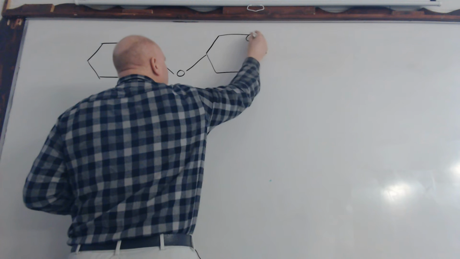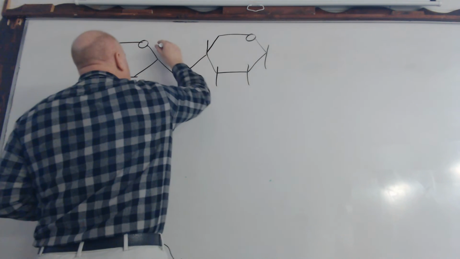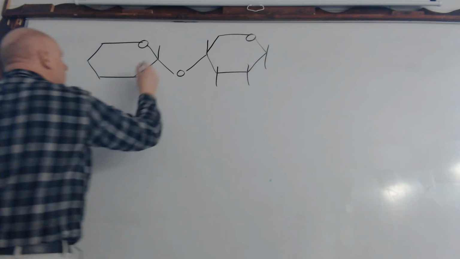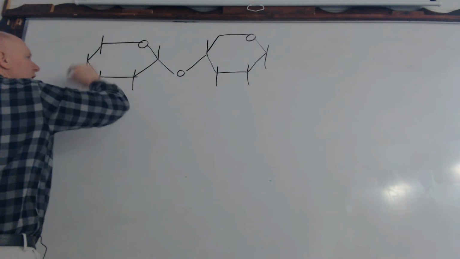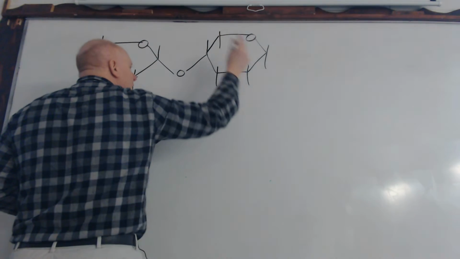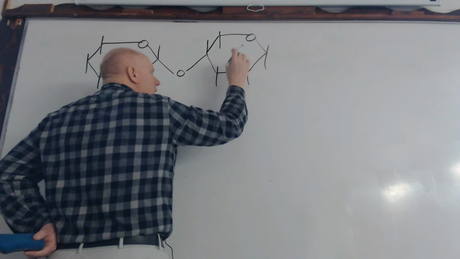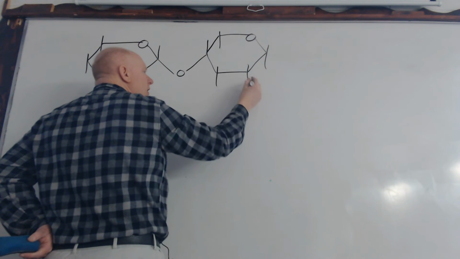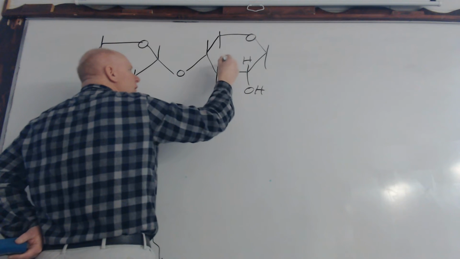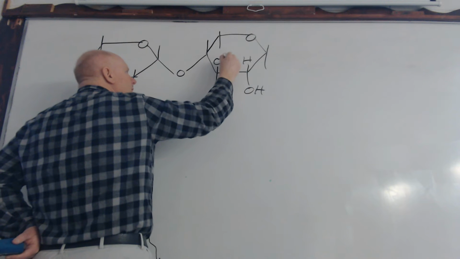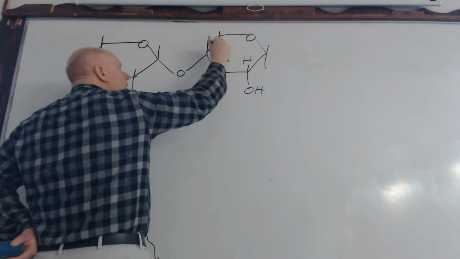There we go. If these were two glucose monosaccharides, which we're going to say that they are, where does the OH go on this one, on the second carbon? Yep, because it's right. And then what are we going to put on here?